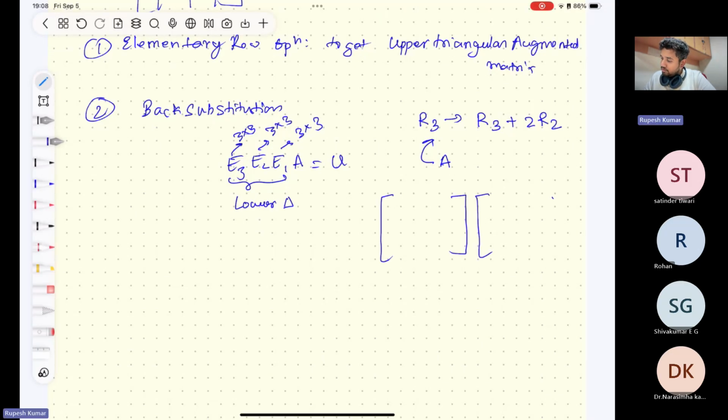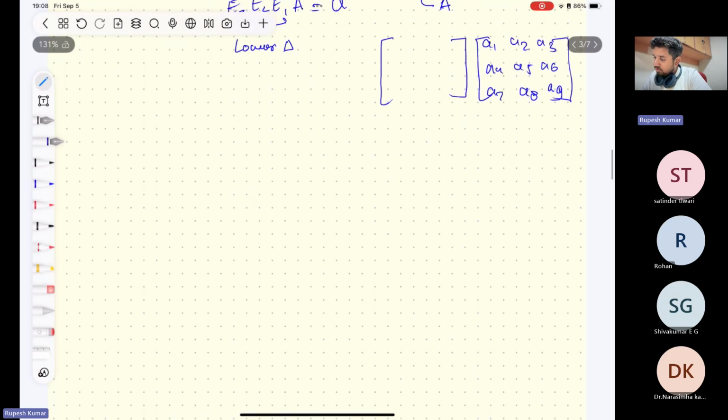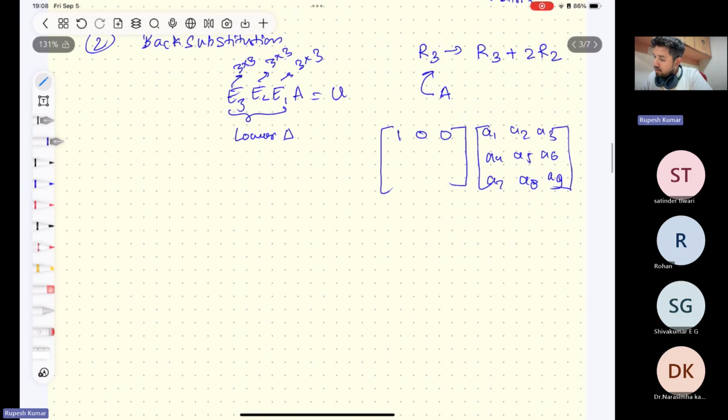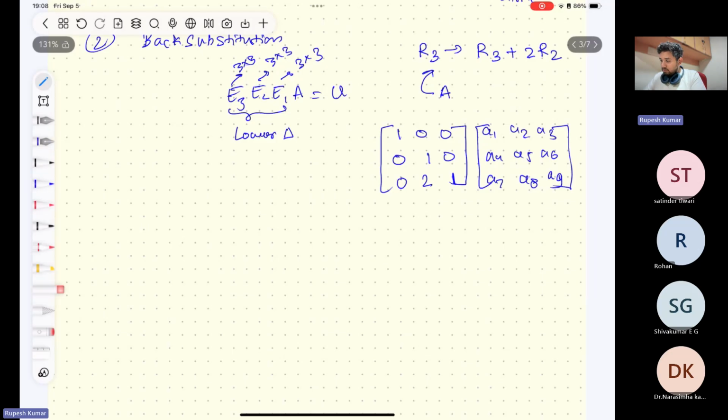Let's say this is our matrix A, with entries A1, A2, A3, A4, A5, A6, A7, A8, A9. So how to say this? Row 1 is unchanged, 1 0 0. Row 2 is unchanged, 0 1 0. For row 3, you do 2 times R2 and then R3. Everyone, please pay attention to this.